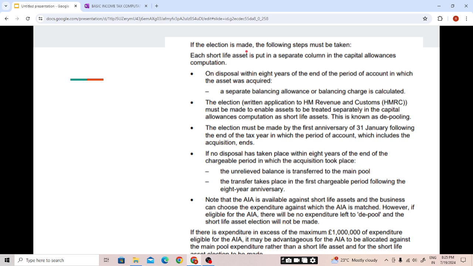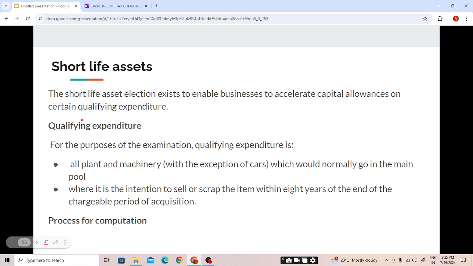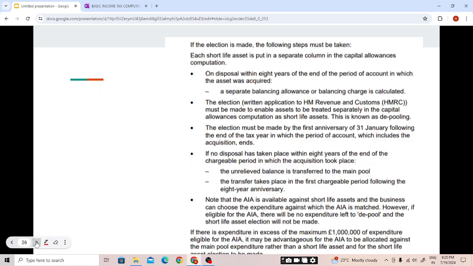If the election is made, and this is also an election, students, like the small pool, the following steps must be taken. Each short life asset is put into a separate column, same as the private use asset pool. If each asset is privately used, we have a separate private use pool for each asset, and in the case of short life assets also we have a separate column for each short life asset.